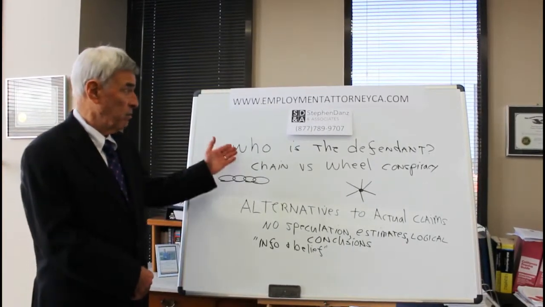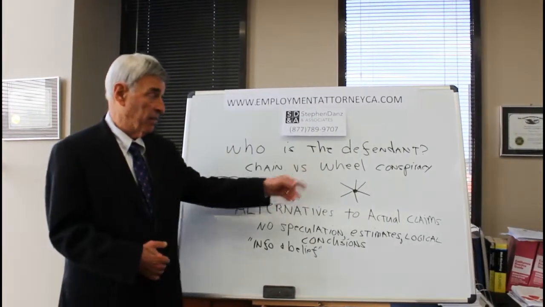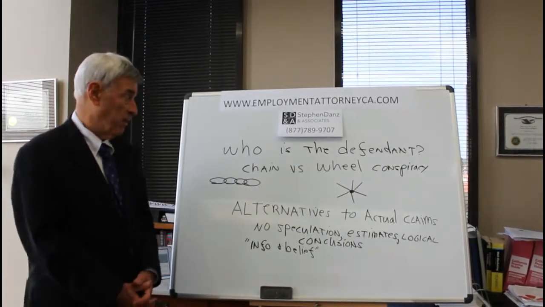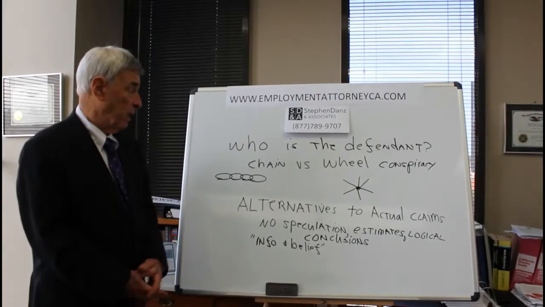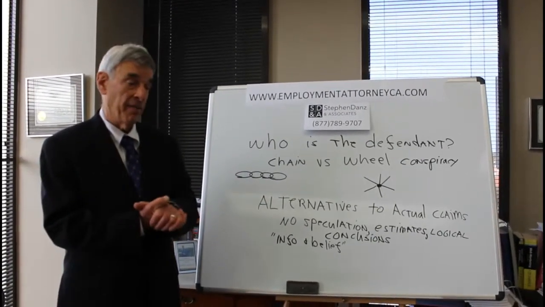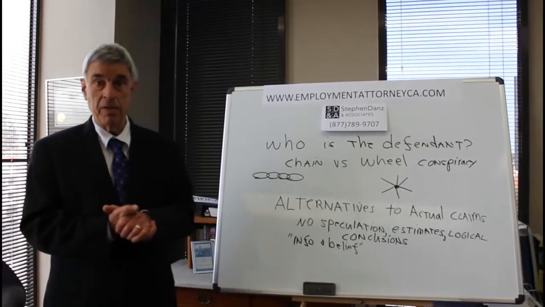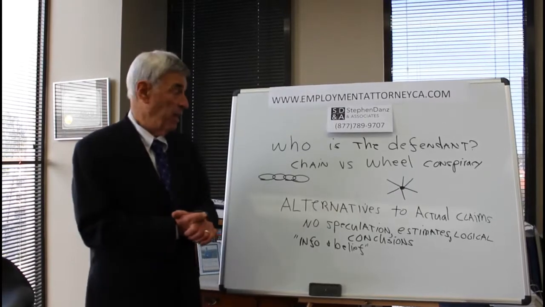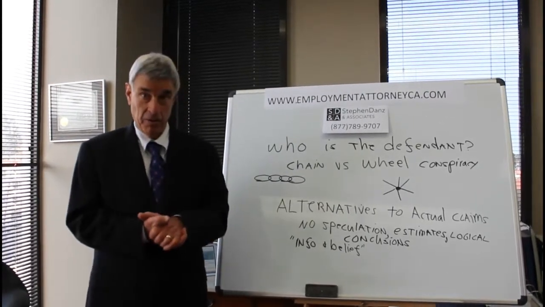So it's always better to name all, but under the Ninth Circuit allegation of chain versus wheel, it may not be critical. So a lot of times a relator will come to us and say, I have general knowledge of the scheme. I was out making sales calls, calling on doctors, whatever, and I don't know the names of any actual claims.